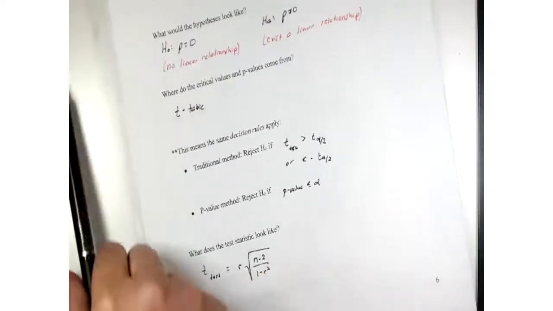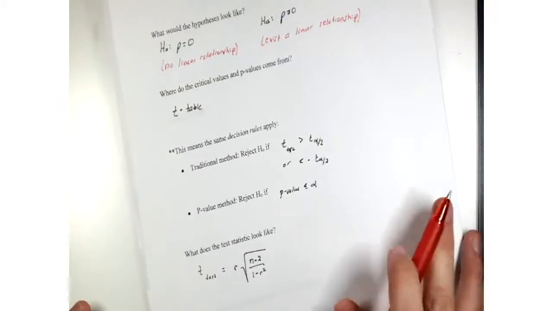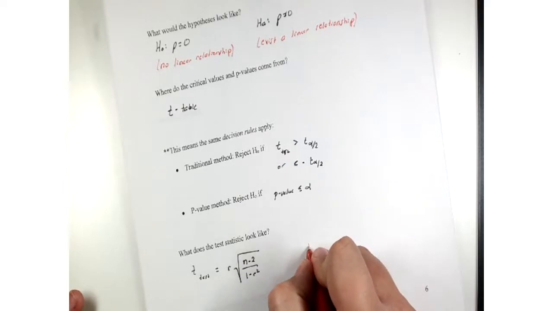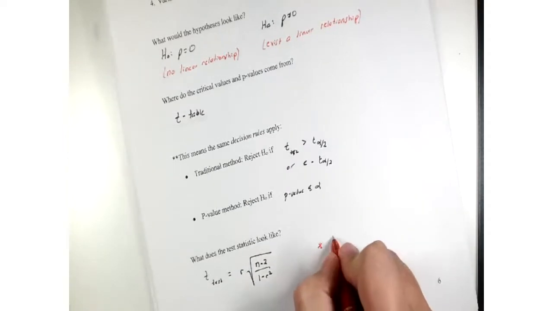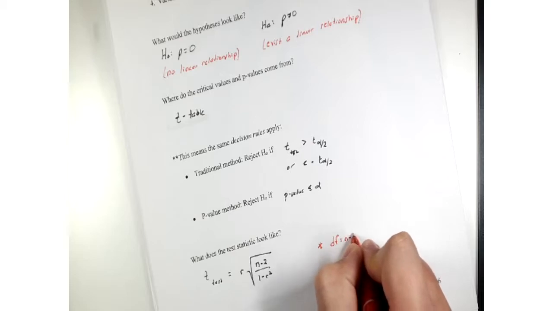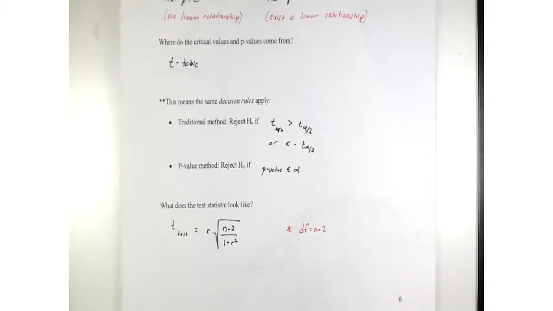So in here, instead of having degrees of freedom of n minus 1, the degrees of freedom when we're doing this t-test is n minus 2. So it's a little different.